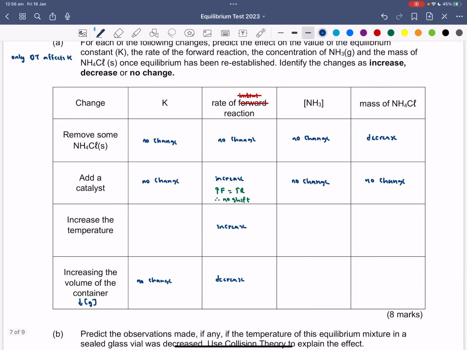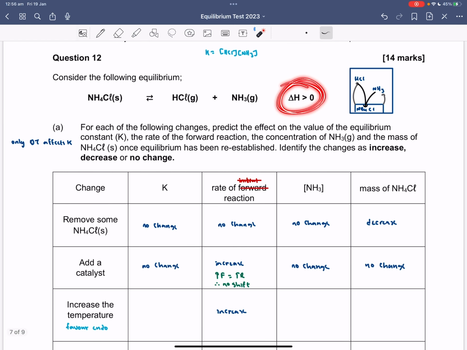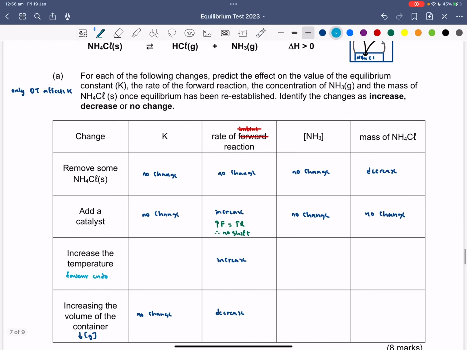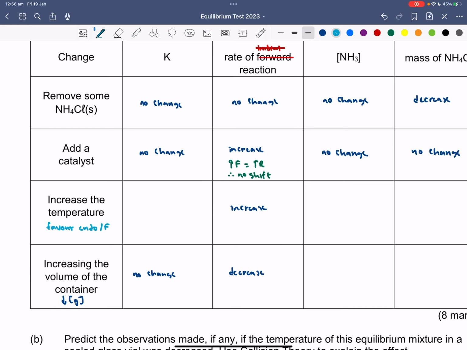Great. Increase the temperature. What happens when you increase temperature? We all know what increased temperature means. It means that we're going to favor the endothermic reaction. It tells us the delta H is more than 0, so that is the endothermic reaction, so it favors the forward reaction. Now, if you favor the forward reaction, that effectively means that we increase the concentration of products.